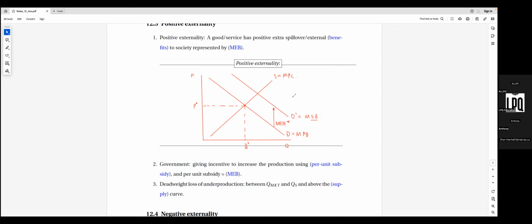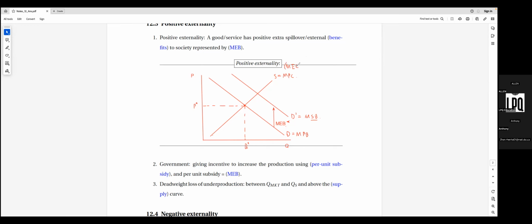So this time the government considers how big the external benefit is. Do we have marginal external cost in this market? Can this healthcare industry generate any negative effects for our whole society? If no, we just assume MEC equals 0. E means external, C means cost.